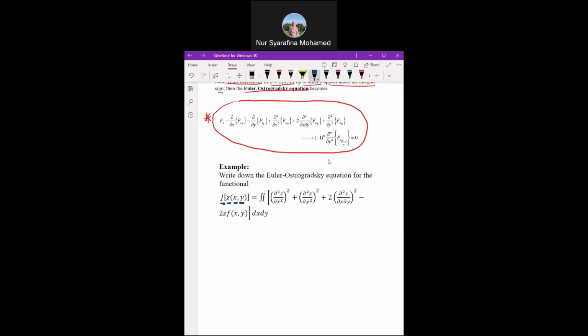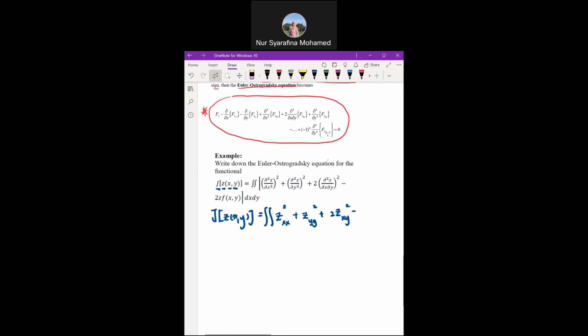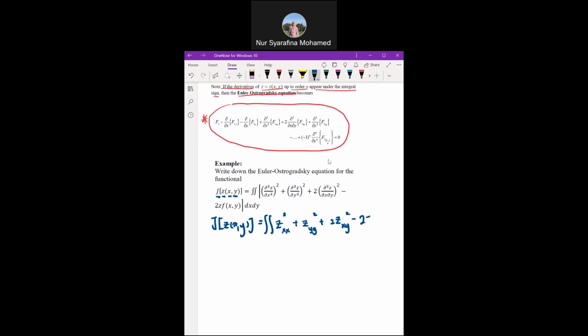So from this, as you can see here, the functional can be written, to make it simpler, as del squared z del x squared rewritten as z double x squared plus z double y squared plus 2zxy squared minus 2zf dx dy.